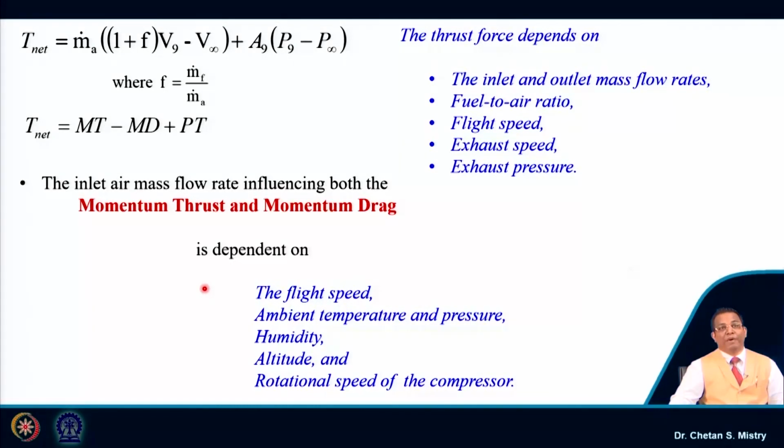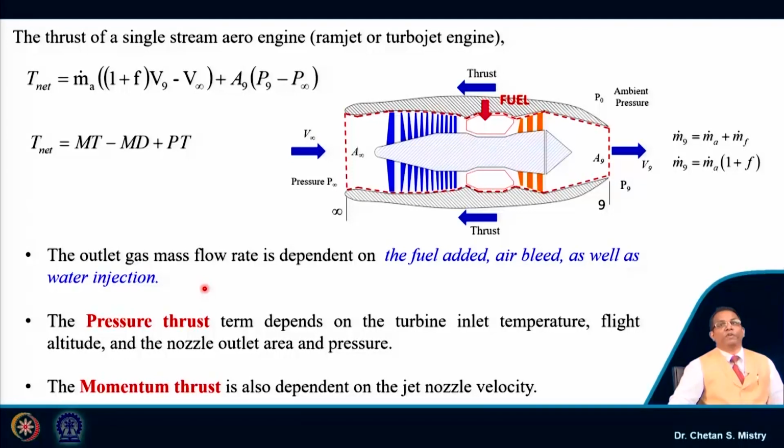So, we can say my entry mass flow rate has influence on both momentum thrust as well as momentum drag. Now, if we analyze in a different way, suppose I consider I have an outlet gas mass flow rate.